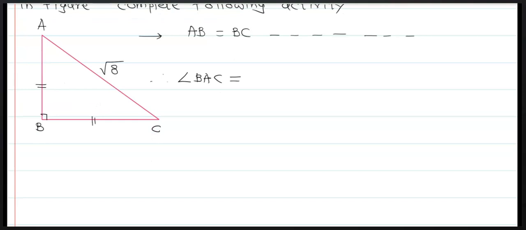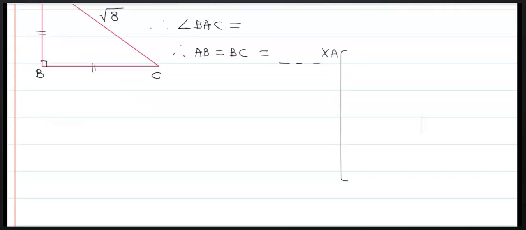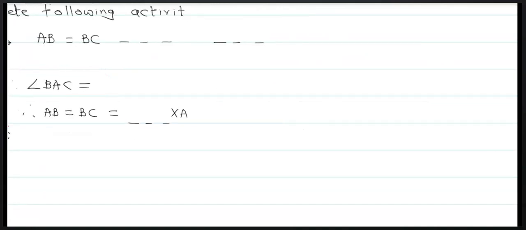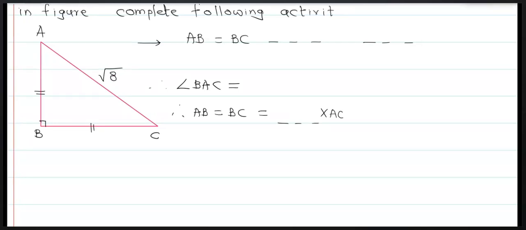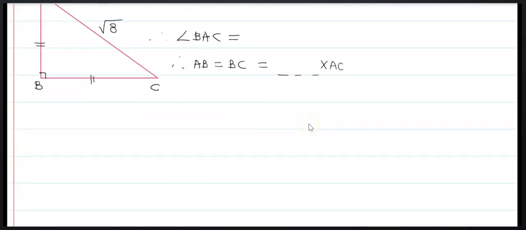Measure of angle BAC is equal to question mark. AB is equal to AC. AB is equal to BC is equal to, this is the fill in the blanks that we have to put here.